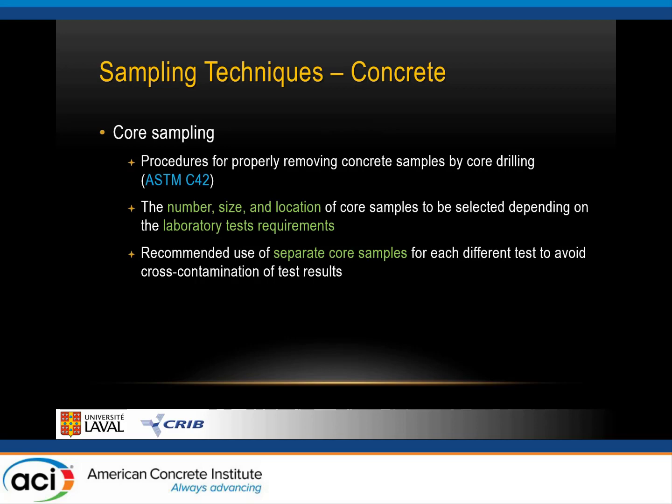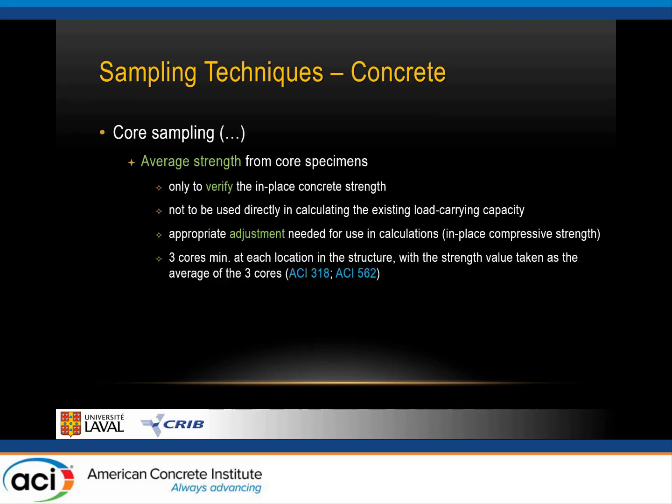So rapidly, core sampling: we've got guidance for the procedures to properly extract cores. And again, the number, size, and location will depend on those different considerations that we've already discussed. There are specific considerations with regard to strength, and the main message here is that it's important to keep in mind that the raw average strength from cores is one thing.